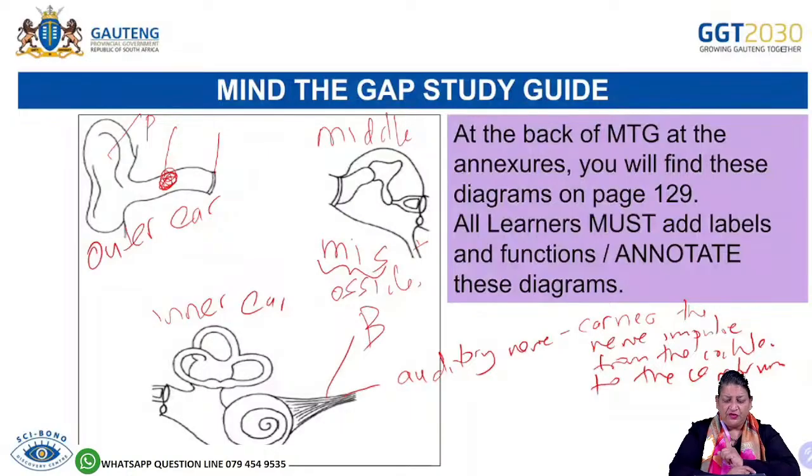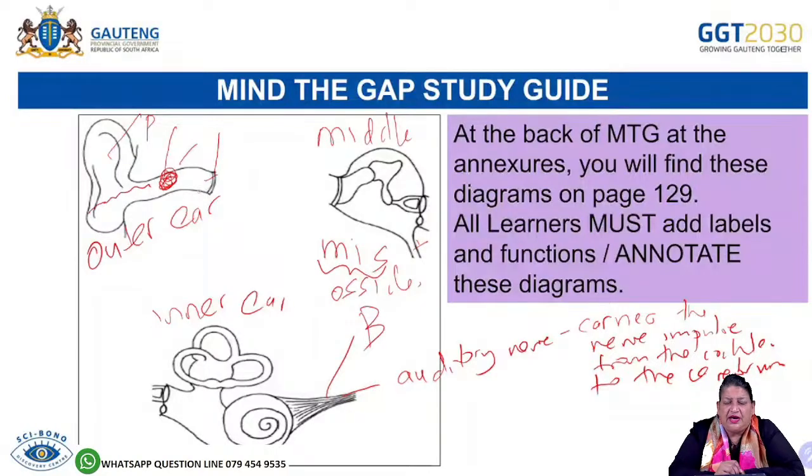What is the function of the auditory canal? Now you're going to say, okay, auditory canal is a pathway for sound. If it is blocked with the wax, no sound will travel from the pinna to the eardrum, right? So no sound waves will be able to move from the pinna onto the eardrum.